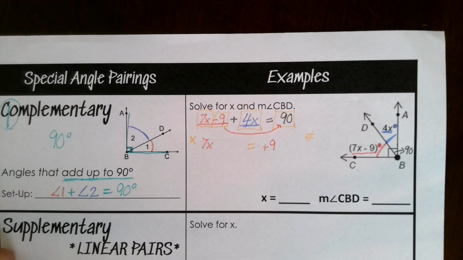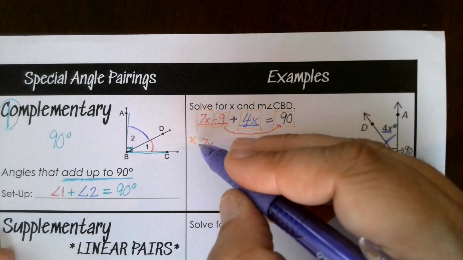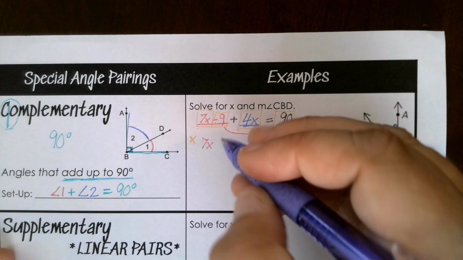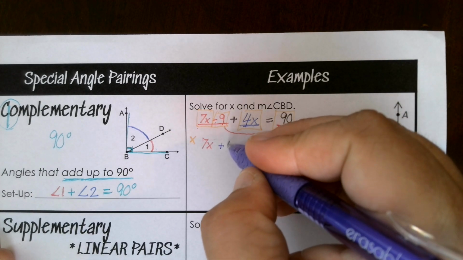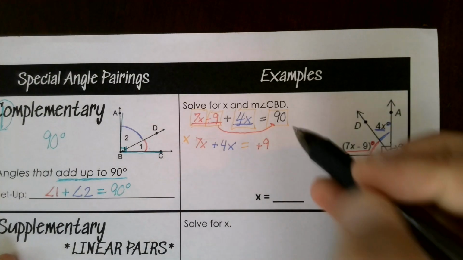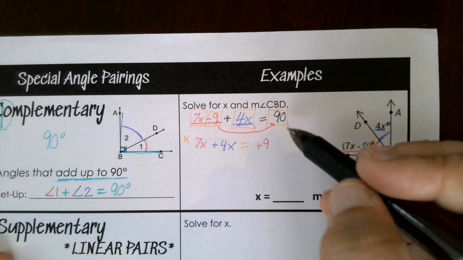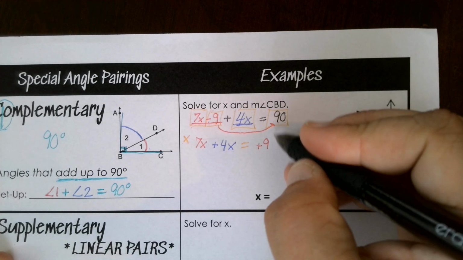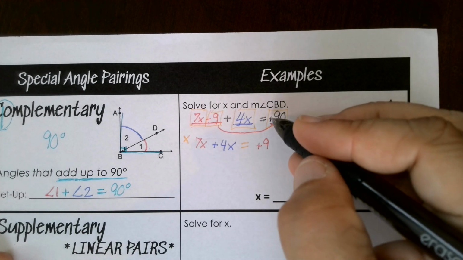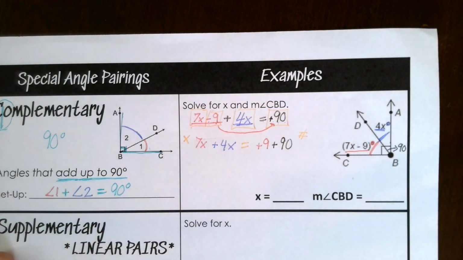Next up, we've got a 4x. And those 4 x's are on the x side, they're on the left, so it's just going to stay on the left. And our last number was this 90. It's on the right where the numbers belong. It does not have an x, so it stays on the right. If you don't see a sign, you assume it's plus. So it connects with a plus.